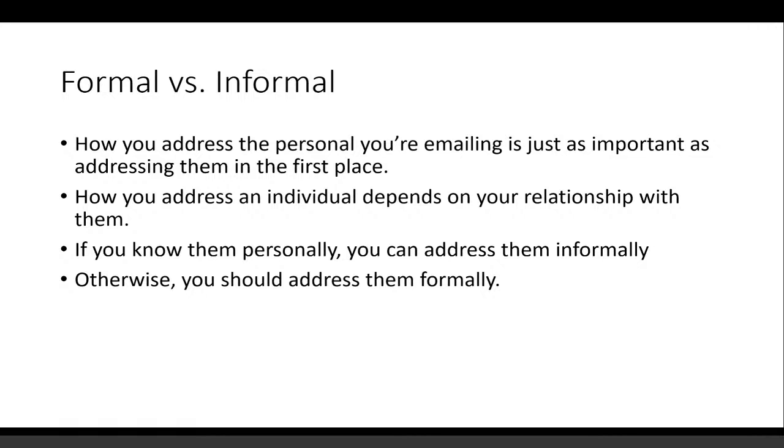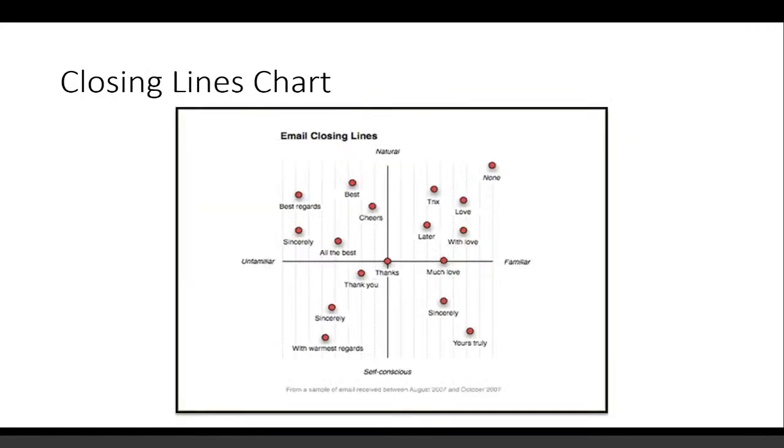Now let's look at how some of our closing lines fall on this formal versus informal scale. We have some really familiar, really informal lines here. They're going to be our upper right-hand portion of this.